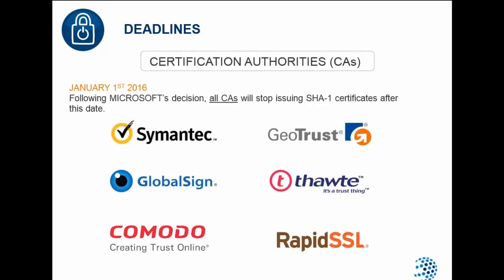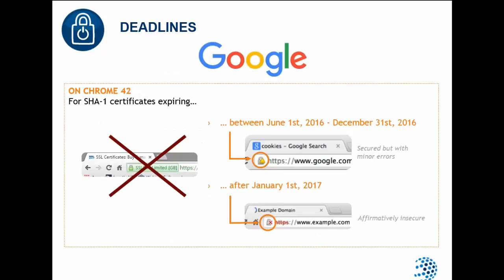Whether you're using Symantec, GlobalSign, GeoTrust, Thawte, Comodo, or RapidSSL, it doesn't matter. Every single certificate authority will stop issuing and reissuing SHA-1 certificates after the 1st of January 2016. You will not be able to get a SHA-1 certificate.